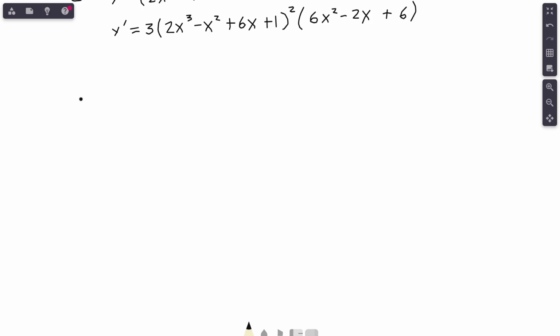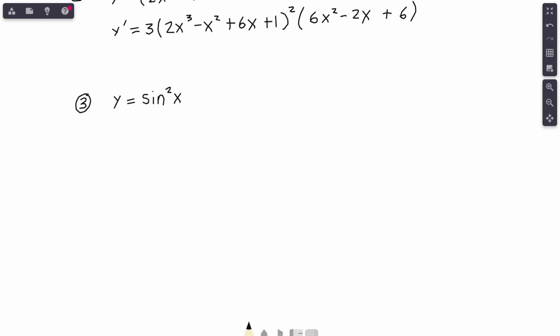So number 3 is a trig problem. We have y equals sine squared x, and we want to find the derivative.